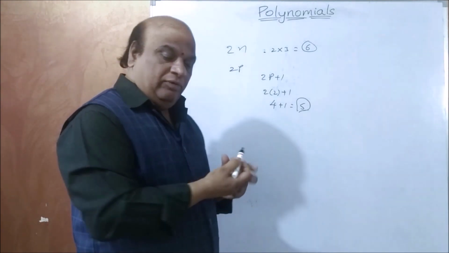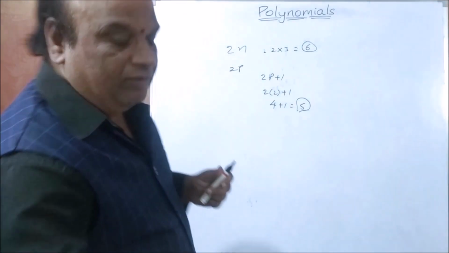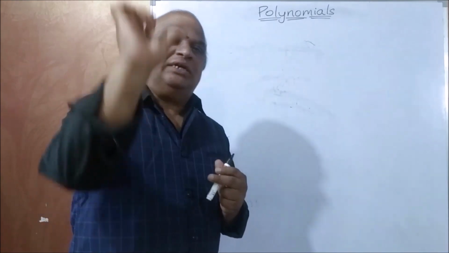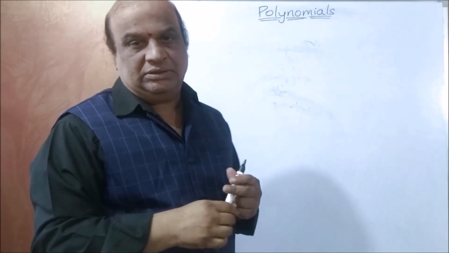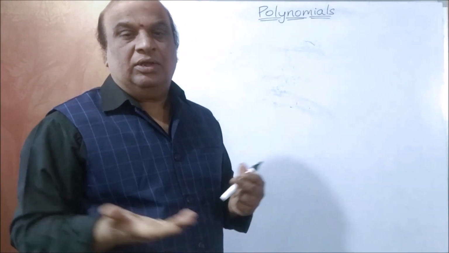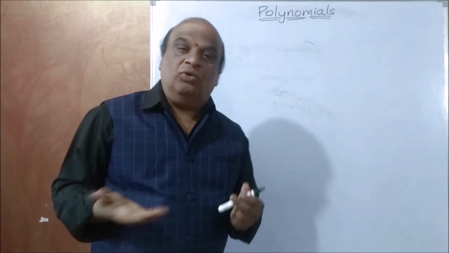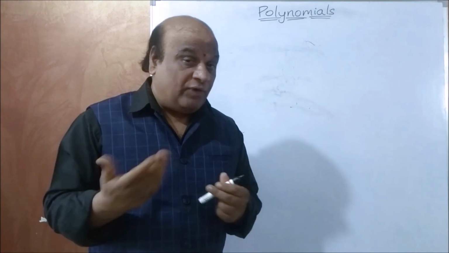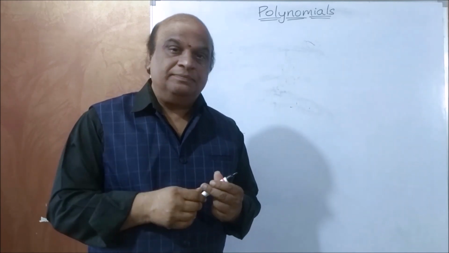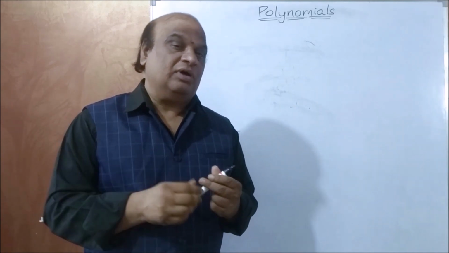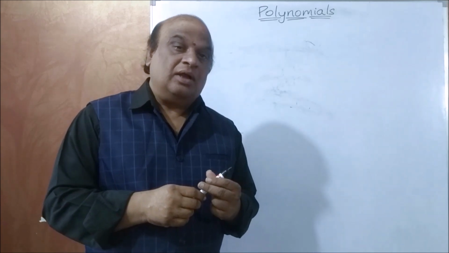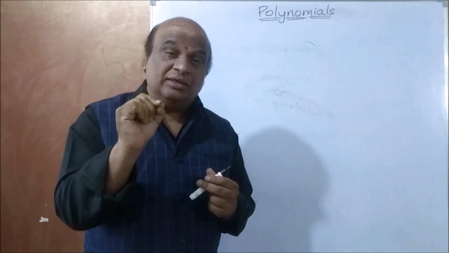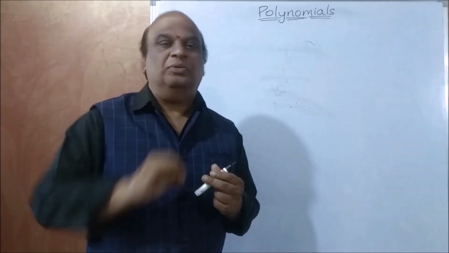Now, what is the introduction of algebra? First of all, what are the constants? Constants are 1, 2, 3, 4, 5; any number is a constant. Can you define the term constant? What is the definition of constant? Constant means which is having its own value.